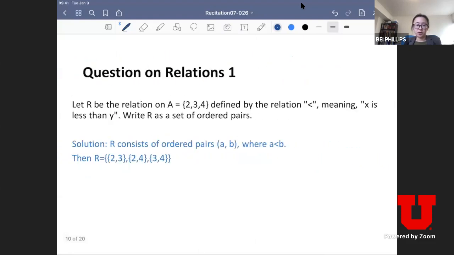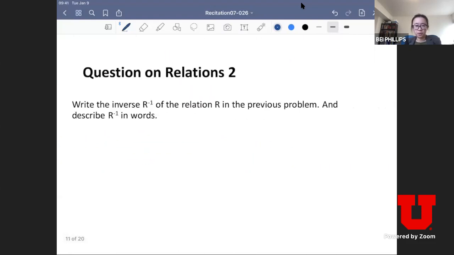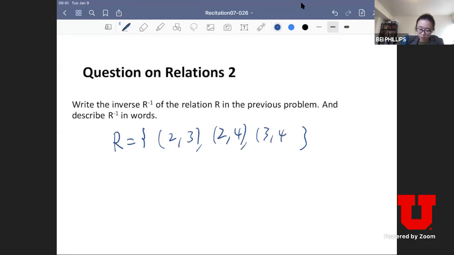Similarly, I'm going to ask the question: if my relation is what we just described, 2, 3, 2, 4, 3, 4, what is the inverse relation? This is very similar to the inverse of the function, where I change the direction of the arrow. So what is the inverse of this?